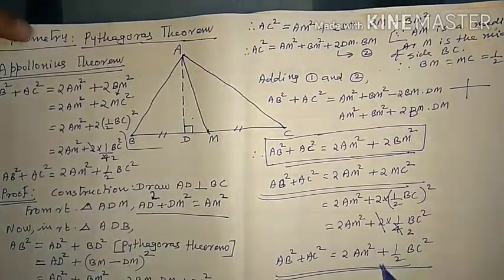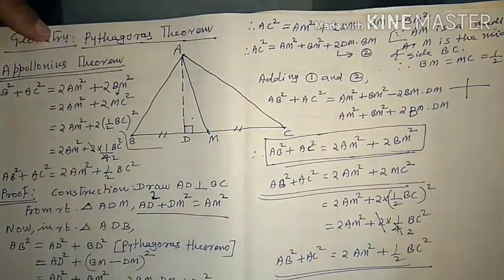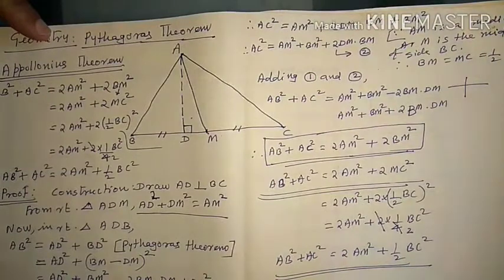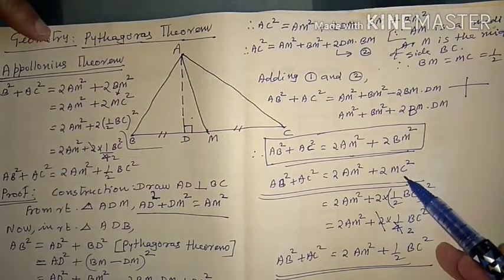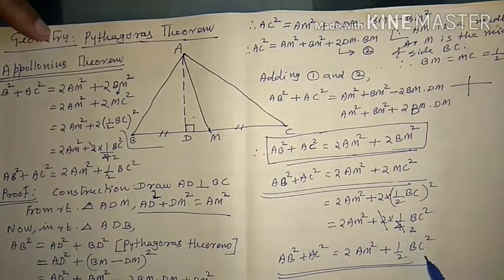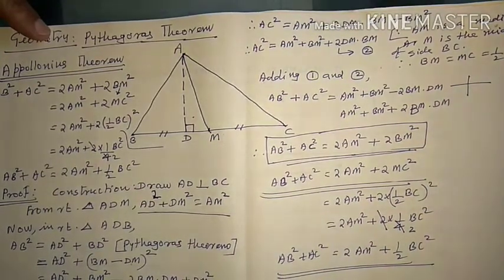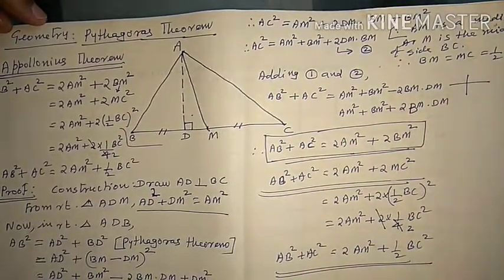So Apollonius theorem can be asked in the first or second or in the third form. One and the same thing only. Till this everything is one and the same. Then we say BM is CM, and CM is half of BC. This is Apollonius theorem. Please derive this 2 times, we practice.